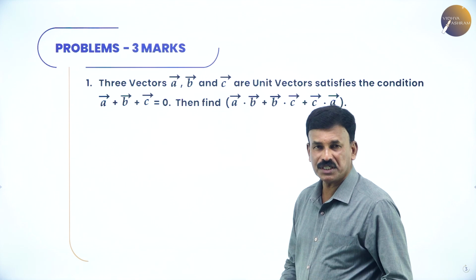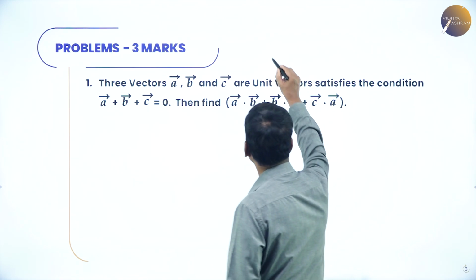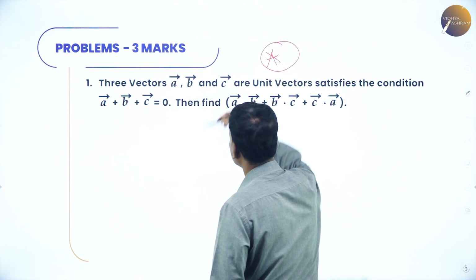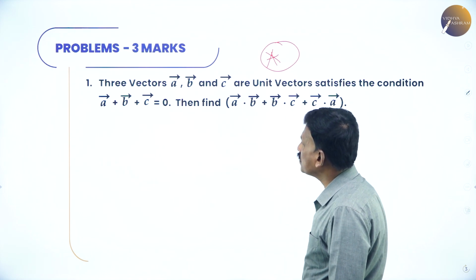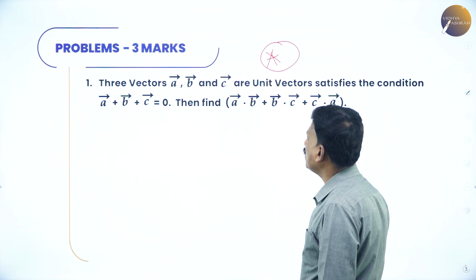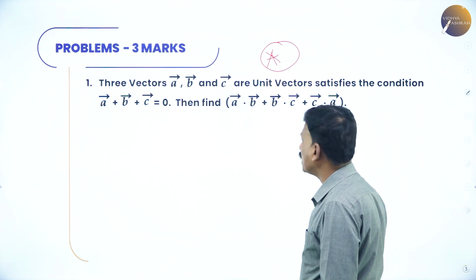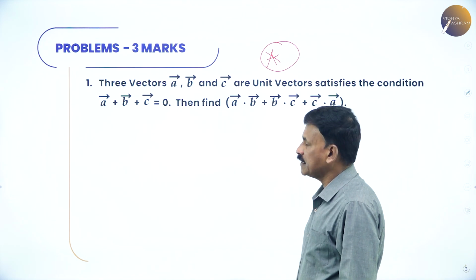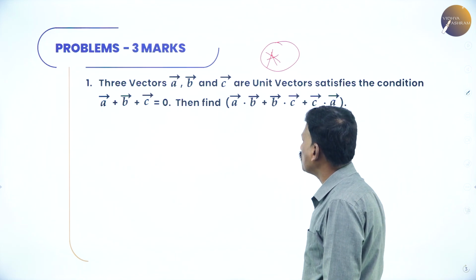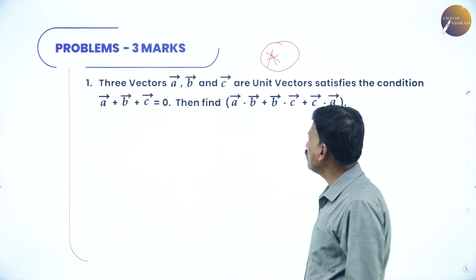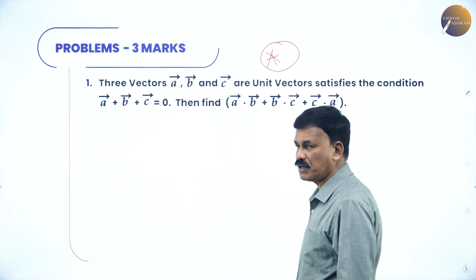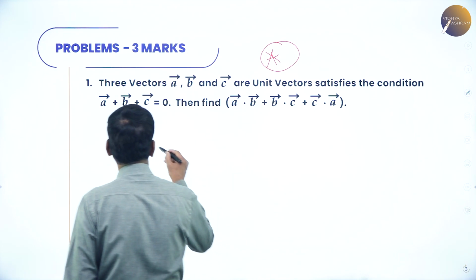These are very important types from the point of view of examination. So definitely we will get one question of this type, that is for 3 marks. Three vectors, vector A, vector B and vector C, are unit vectors satisfying the condition A plus B plus C is equal to 0. Then find A dot B plus B dot C plus C dot A. Very important concept. So what is given?